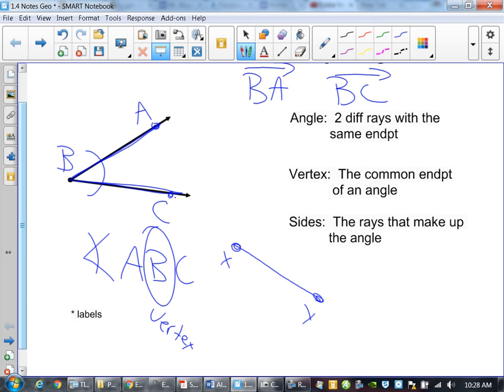Now, there is one other way that you can label your angles as well. It only works cleanly about 10% of the time. You can label an angle, if it's possible, with 1 letter, just the vertex, because sometimes this is the only angle that has B as a vertex, so I can call it angle B. But there are other times that it doesn't work like that.